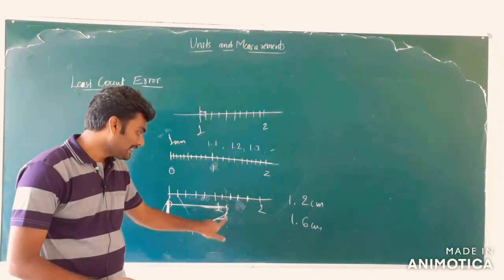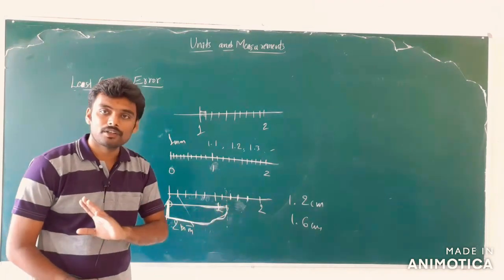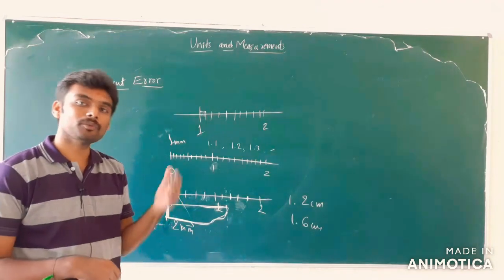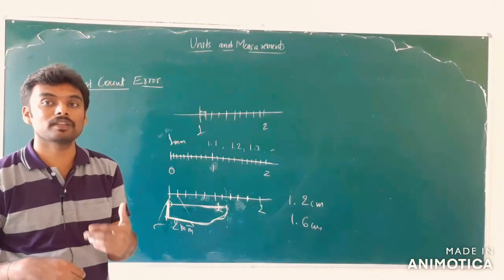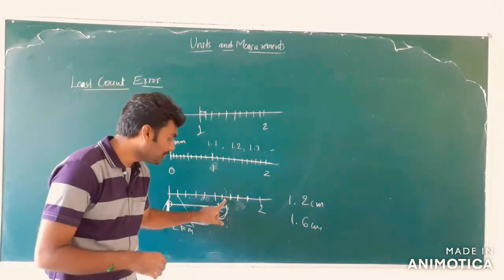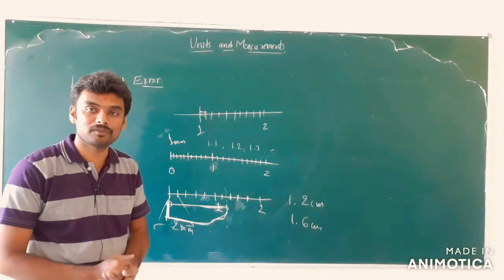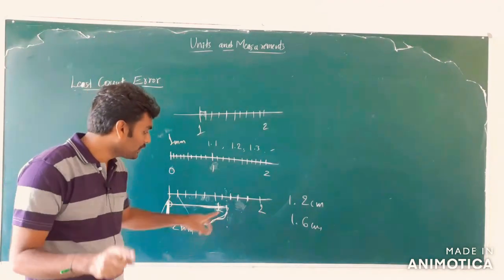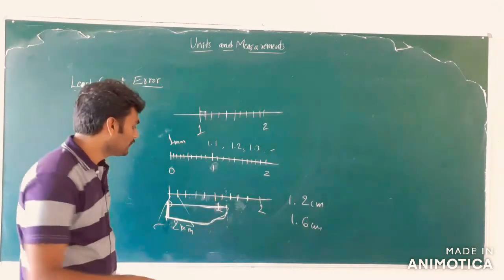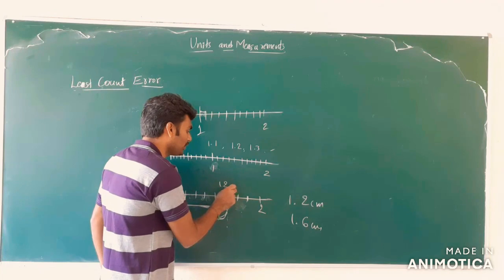So the reading is somewhere between 1.2 and 1.4. Some might think let us take 1.4 or 1.2, or some might think let us take 1.3. No, you cannot take 1.3 because there is no reading mentioned in this scale as 1.3. All you can do is come back to 1.2. So 1.2 centimeter is the reading that you will write.